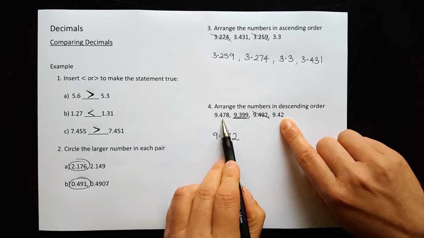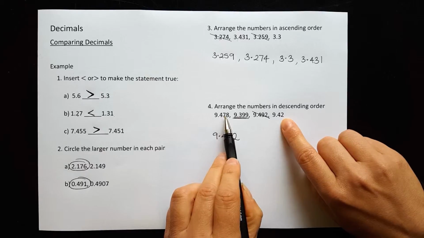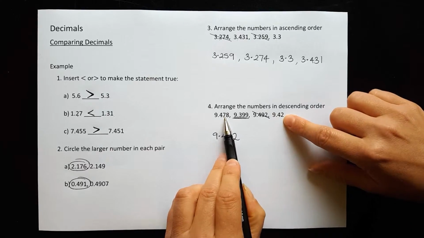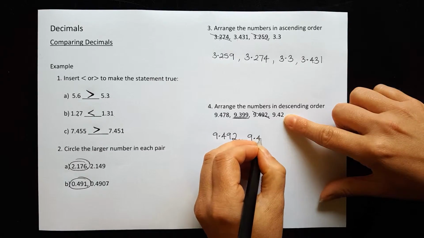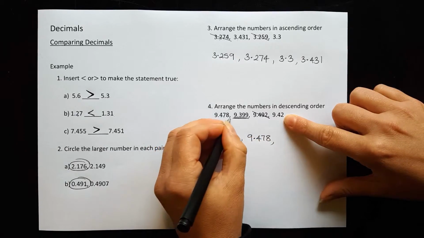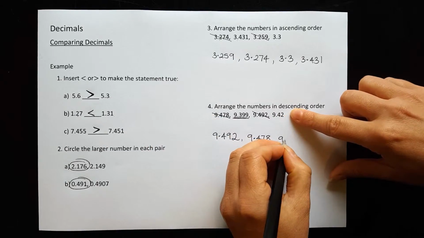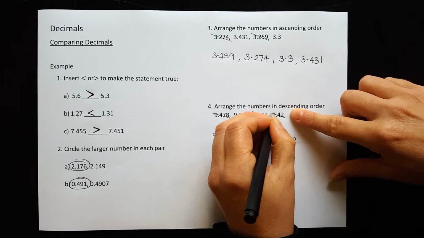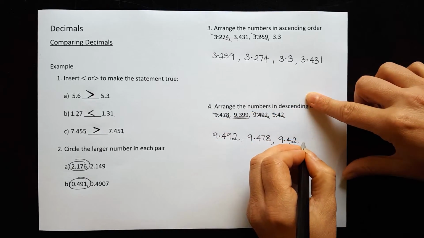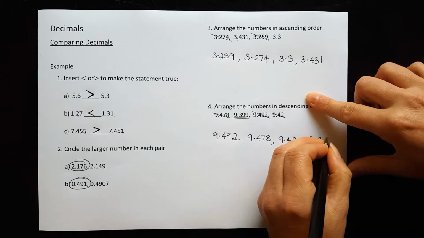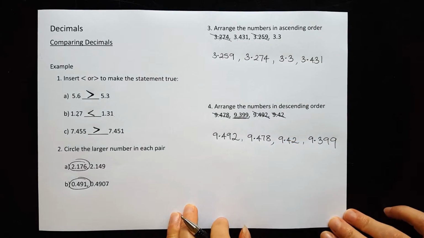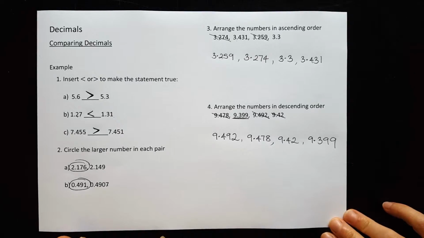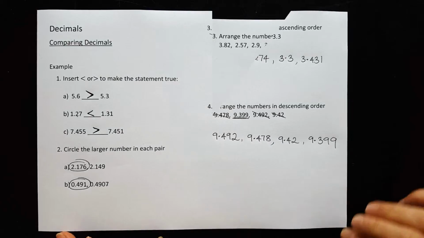Now out of these two, the 7 is bigger than a 2, so this number must be next, 9.478. That leaves this one, 9.42. And finally, our smallest one, 9.399. Okay, so that's it for what we're learning today, but it's time for you to practice.